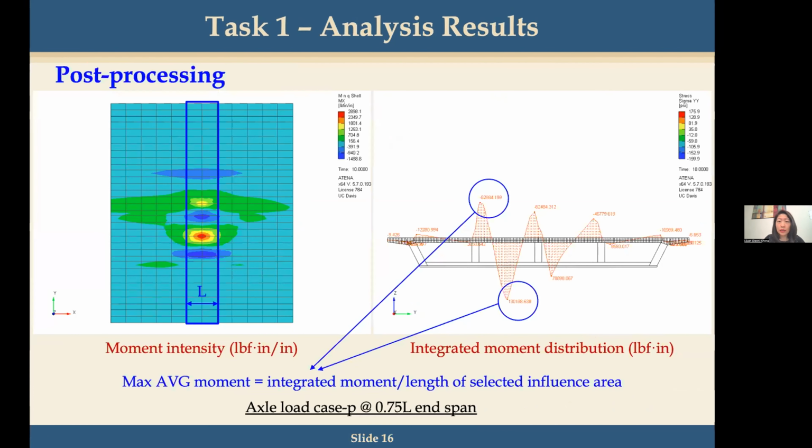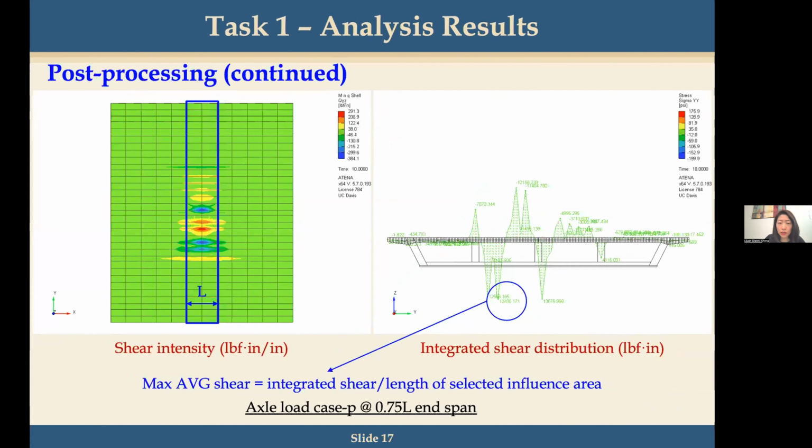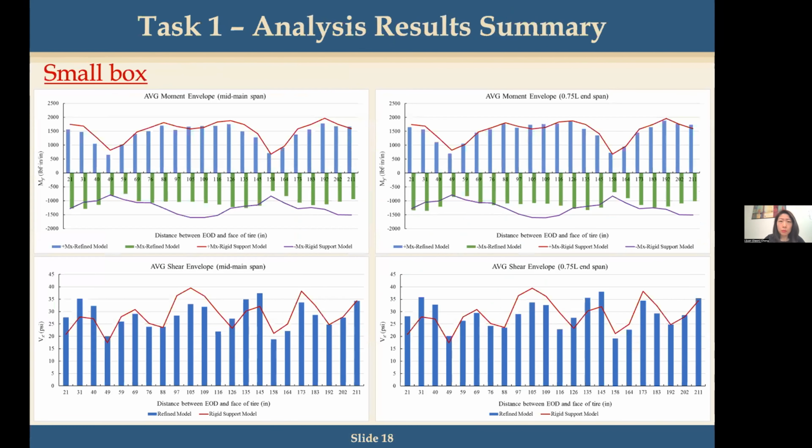The post-analysis extracted all these results, looking at the integrated moment along the influence area and also the shear case scenario. So this is what we were able to envelope in this rigid support model. You can tell that the bar plots here are what we have using the refined model.